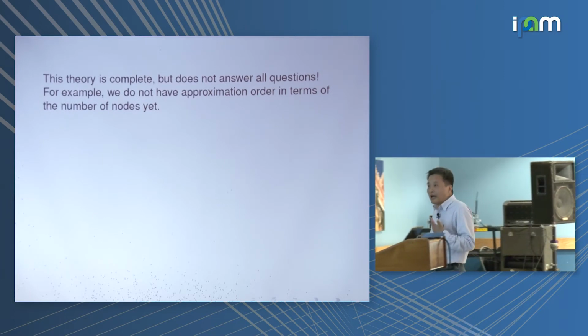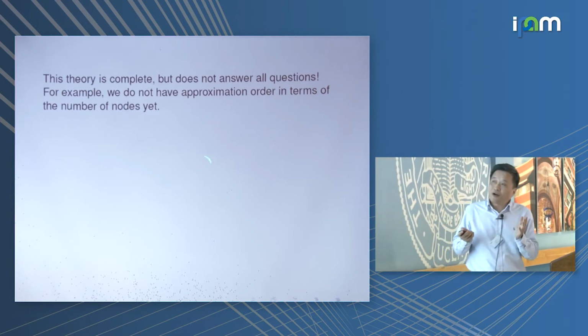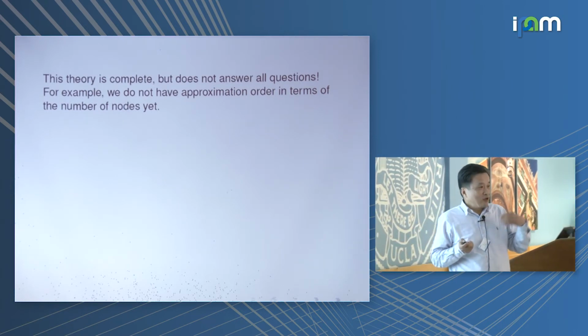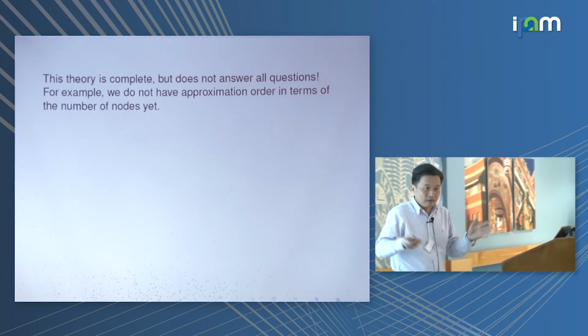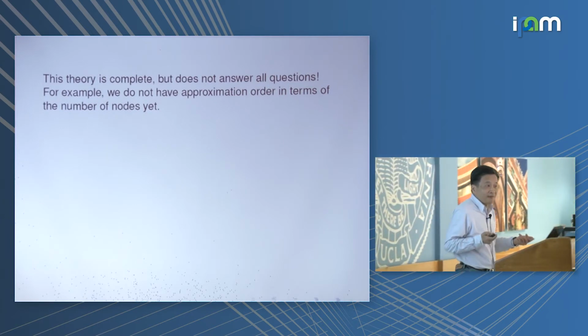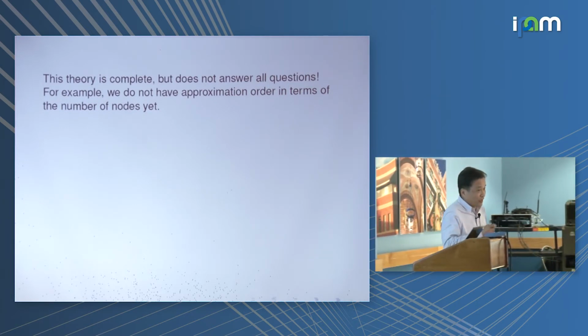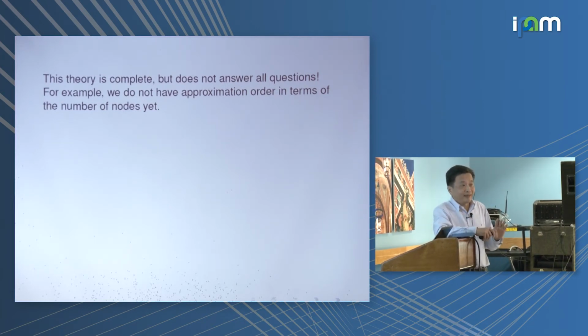For example, if you ask me, now that you have this beautiful theory, can you estimate your error in terms of knots? That's basically like having an approximation order. If you want to do that, I'm sure you need regularity of the function and many properties, but we don't have that yet.